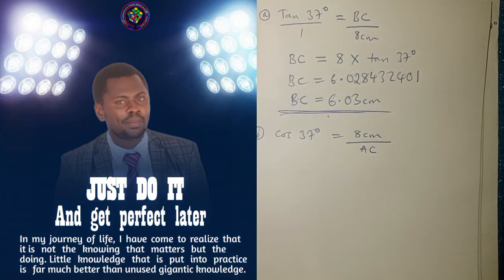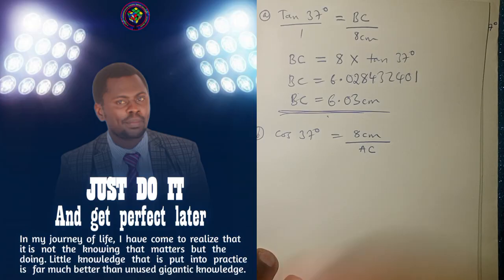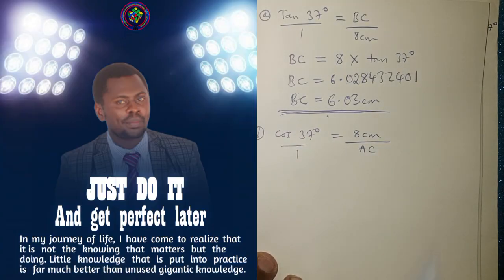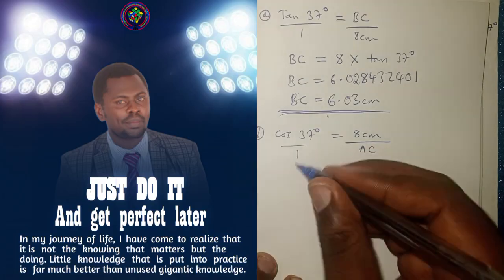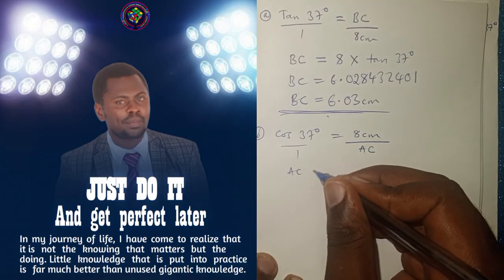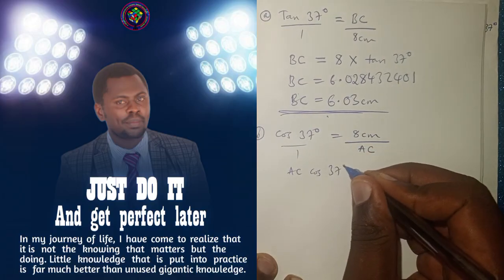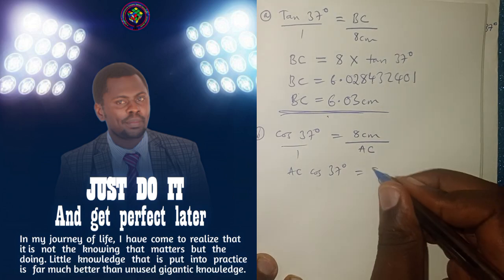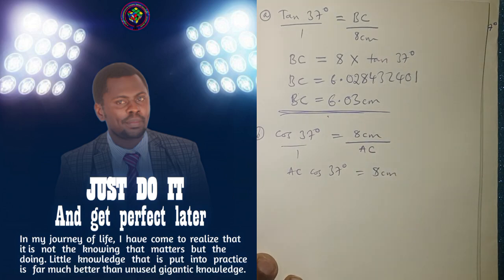Okay, so here it's just a matter of cross multiplication. So you cross multiply. You say this is over 1. Then you cross multiply, you say AC multiplied by cos 37, you get AC cos 37 degrees. 1 multiplied by 8 centimeters, you get 8 centimeters.